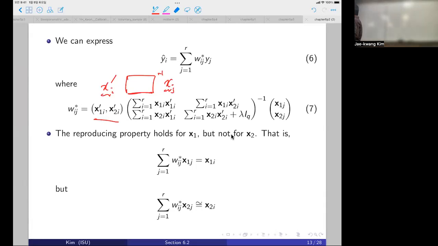Which is good because X1, for example, should include the intercept. Otherwise, this doesn't add up to equal 1, which is not good. You really want your fractional weights to add up to equal 1.